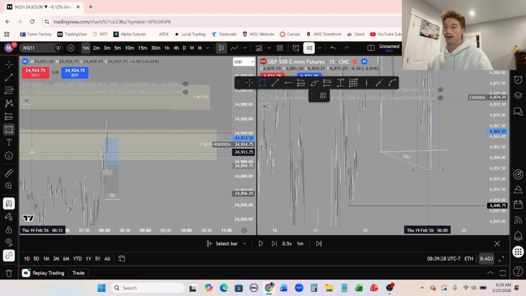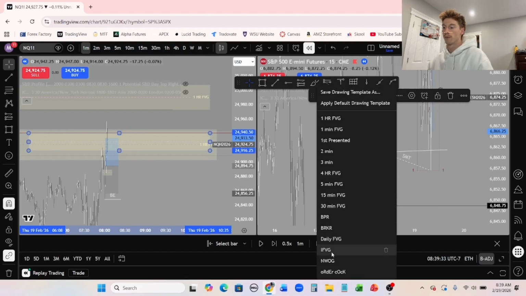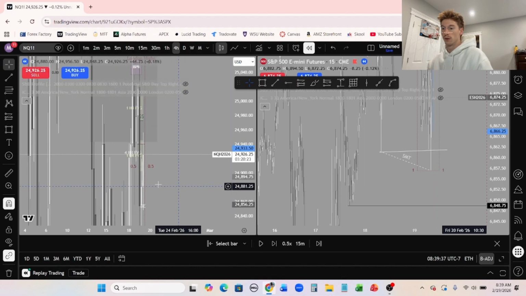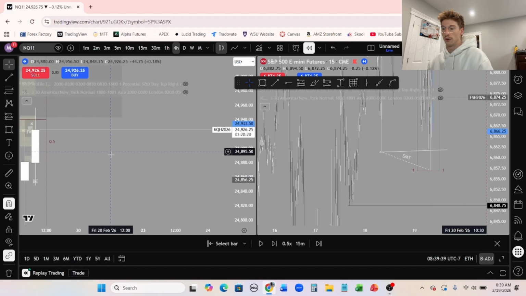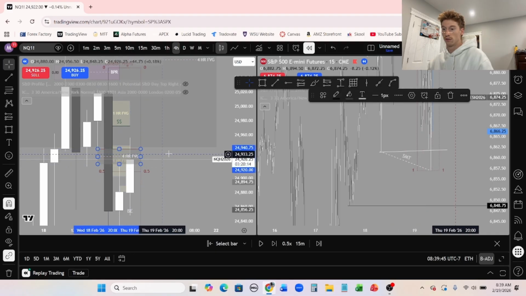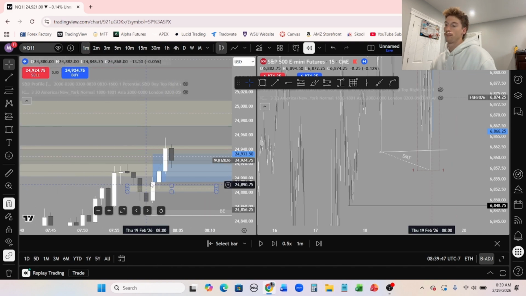The gap kind of looked something like this, the 4-hour gap. It was small, but it looked something like that. I'll go ahead and just mark it out so it can make a little bit more sense here. There's that, and there's that. Okay, so there's the 4-hour gap.